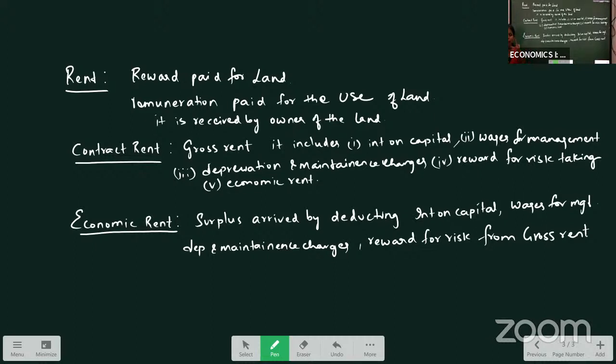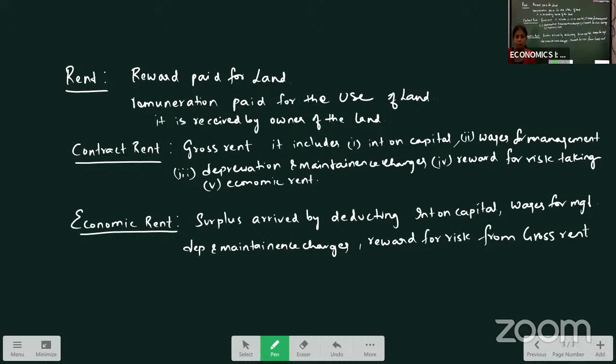For example, one building rent is 1 lakh rupees. That total 1 lakh is the contract rent. From that 1 lakh, the owner will incur certain expenditure. He got some capital, some finance, so interest has to be paid. He has got some loan to construct that building. People are working there, so wages are paid.